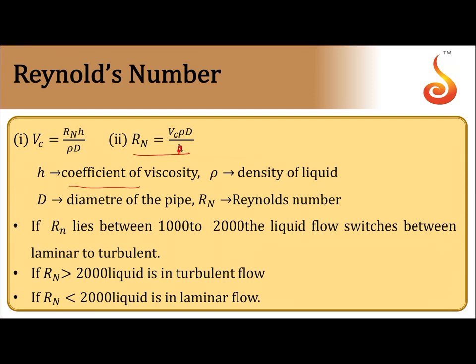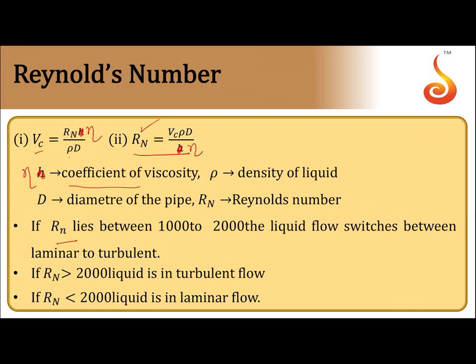It is the ratio of inertial force to viscous force. So the critical velocity can be given by Reynolds number into eta divided by rho into d. Reynolds number is a dimensionless number, the ratio of two forces, that decides whether the given flow is turbulent or streamline.